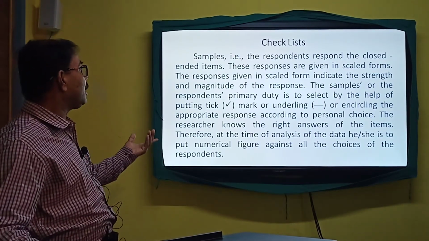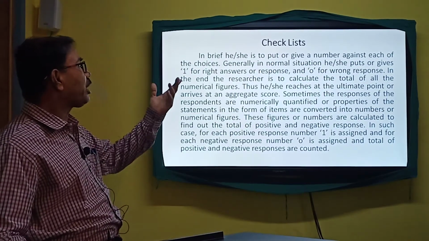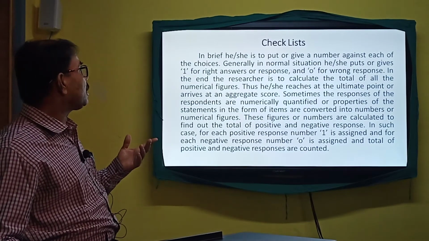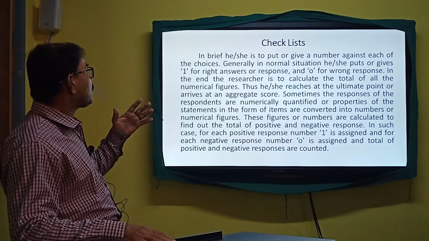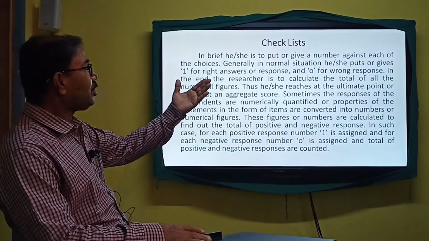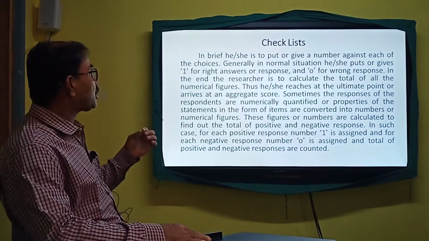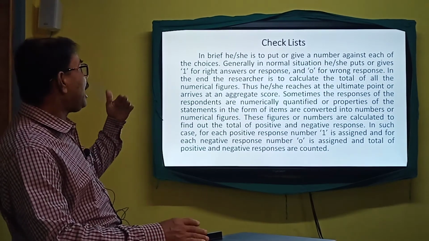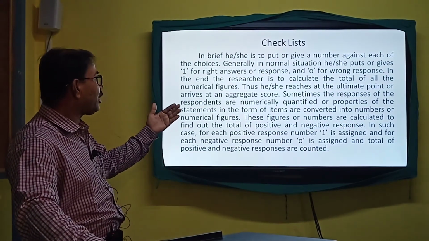Let us go to the next slide. In brief, the researcher is to give a number against each of the choices which are there in the form of the items. Generally, in a normal situation, the researcher gives 1 for a right answer or response and 0 for a wrong response. In the end, the researcher calculates the total of all the numerical figures.